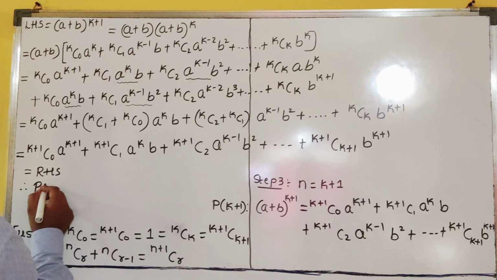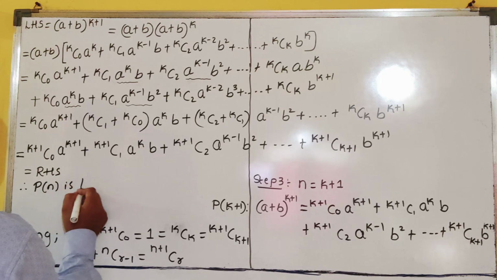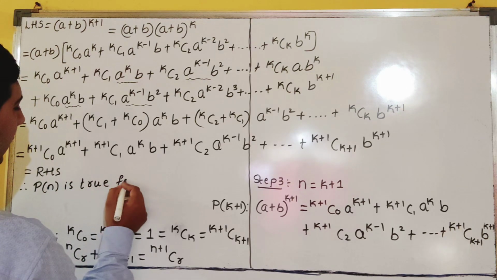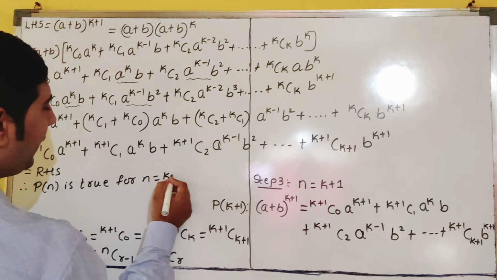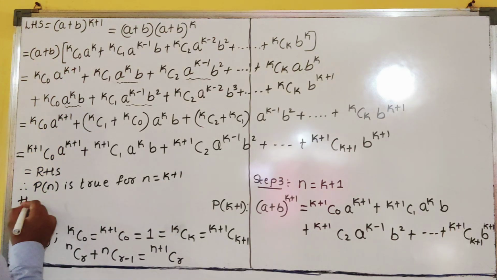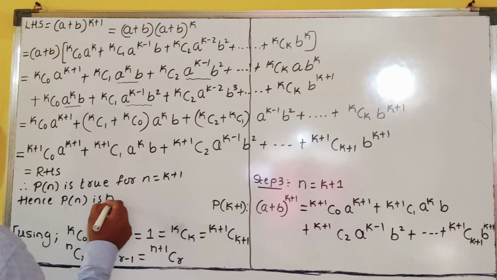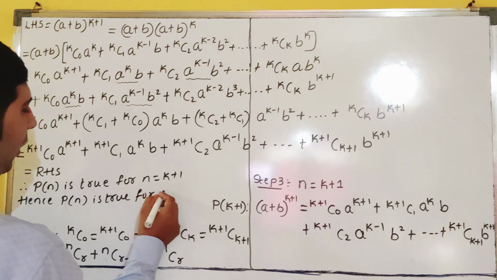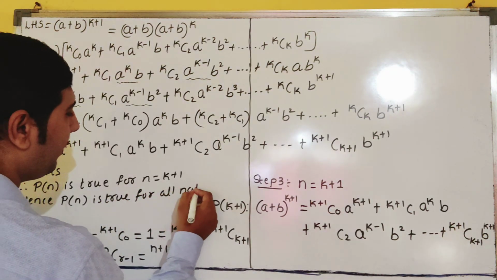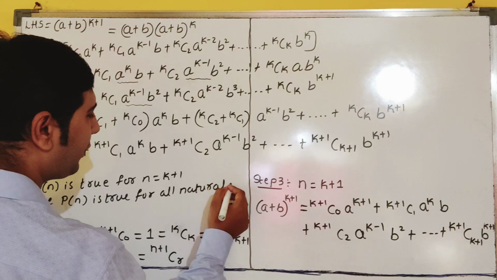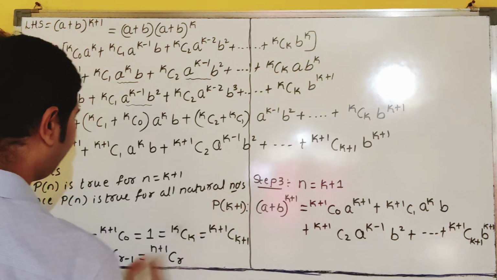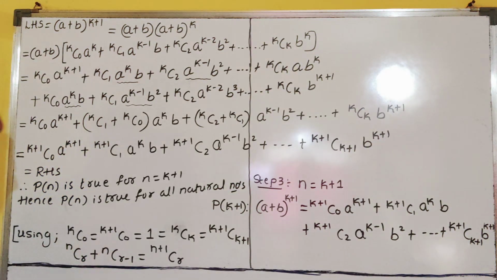Therefore P of n is true for n equal to k plus 1. Hence P of n is true for all natural numbers. All natural numbers, using this one.